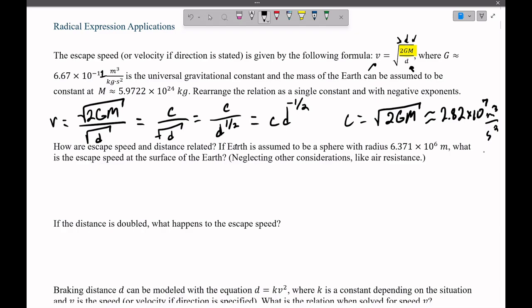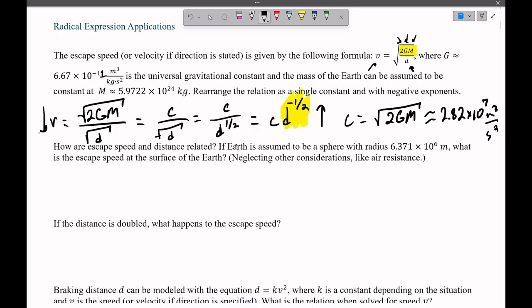How are escape speed and distance related? Well, we have d to the negative 1/2 and v. Because of that negative power on the d, as d increases, v will decrease, and vice versa. As d decreases, v will increase.